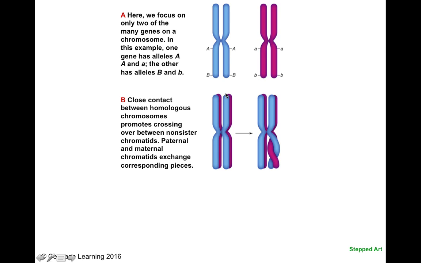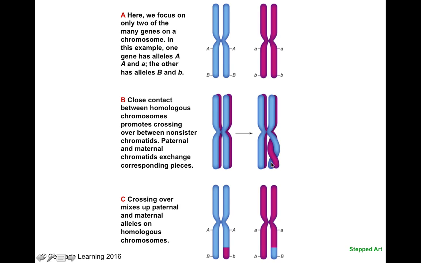Now, when meiosis occurs, it just so happens that these two don't cross over, so they maintain the exact same alleles they did before. And it just so happens that this one here does cross over. Okay, so I guess it has the ability to cross over. And so what you get is these two overlapping. And when they do that, we're going to break a little end off of mom's and attach it to dad's. Or break a little end off dad's and attach it to mom's.